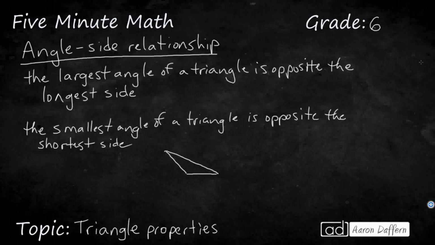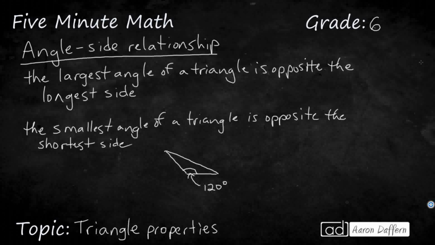And we can just see, without even measuring this, that this obtuse angle is my largest angle. So I'm going to just estimate that. We're going to call that 120 degrees.